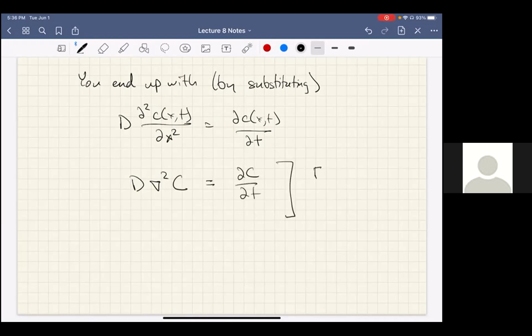This is called Fick's second law. It is often called just the diffusion equation. So with that, now we know how non-absorbing receivers work that count molecules within their boundary, and we know a little bit about their time dynamics.